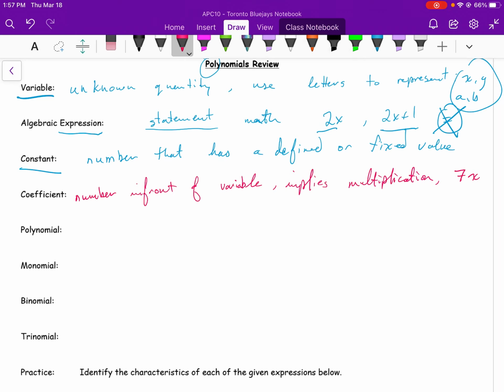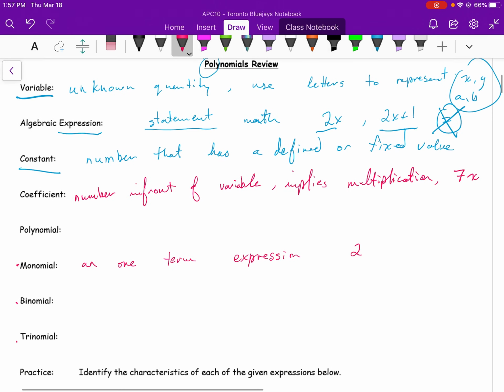Now, I don't know what a polynomial is yet, but I'm going to define a monomial, a binomial, and a trinomial. A monomial is a one-term expression. A one-term expression can be 2x, 7x, x over 7, stuff like that.